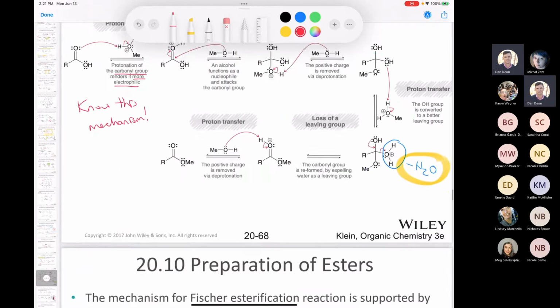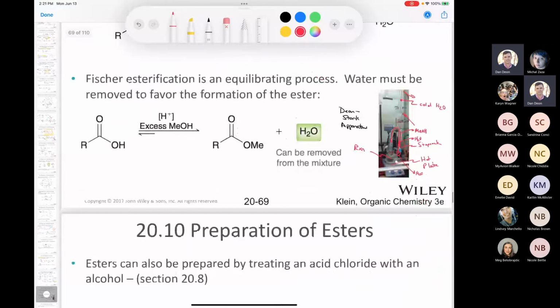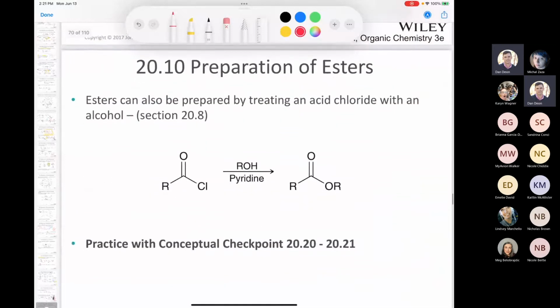So we covered Fischer esterification. Next, here's a reaction that we looked at in the last 45 minutes ago. Reaction of an acid chloride with an alcohol and pyridine to form an ester. And I said the reason you have to have pyridine is to neutralize the HCl produced.